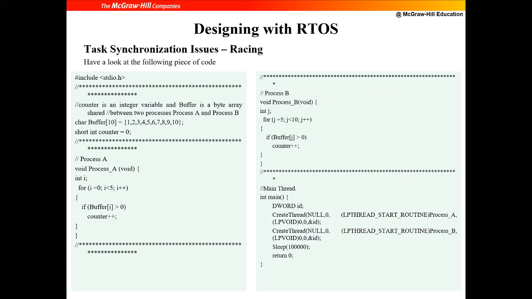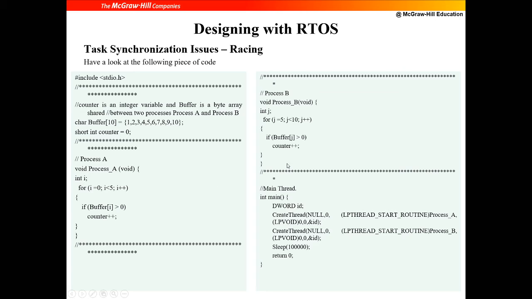Now let us look at a very small example. Don't get intimidated by the code. It's a very simple example where two processes are updating a buffer. One process is updating the buffer from 0 to 5, and the other process is updating the buffer from 6 to 10.